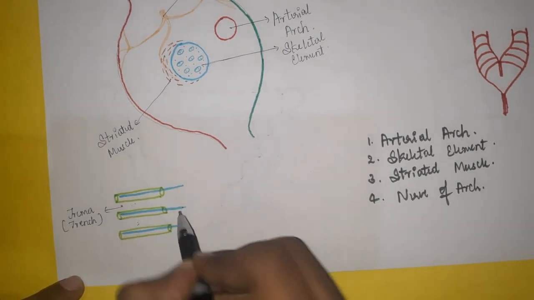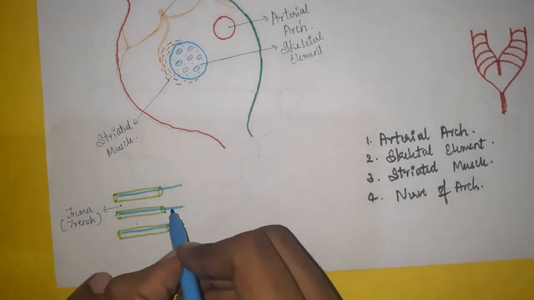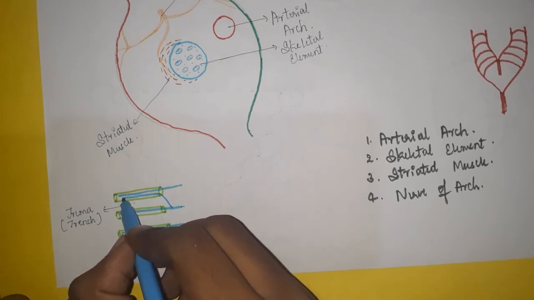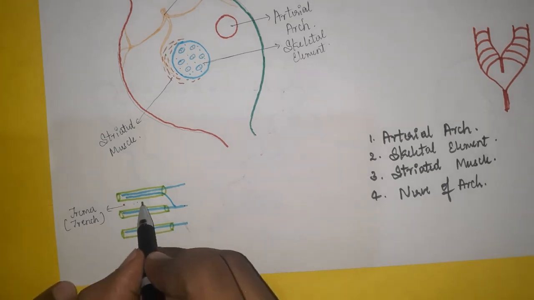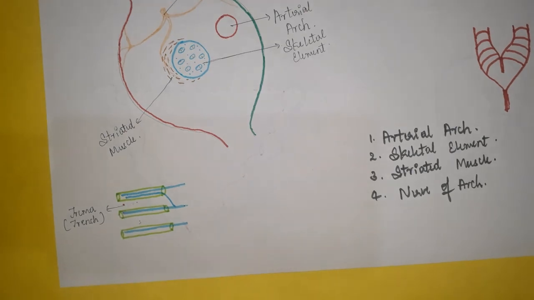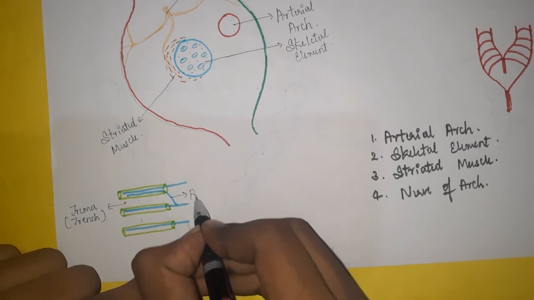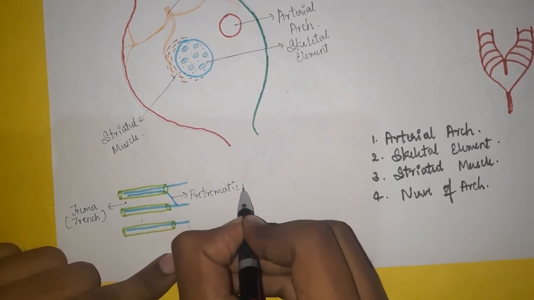So, this original branch is called the post-trematic nerve. There is another branch which arises from this nerve and supplies the caudal border of this arch. This nerve is called pretrematic because it is present in front of the trema.